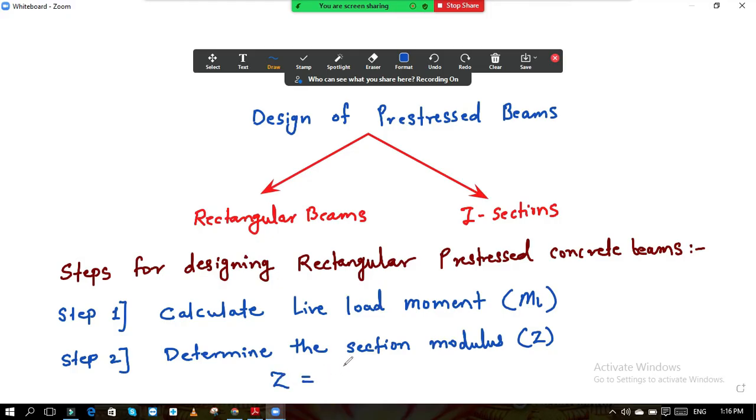You know that M is equal to F into Z. Okay, this is the formula. From where you have got that formula, that is M by I is equal to F upon Y. So from this relation we got the formula M is equal to F into Z. So now Z is equal to M by F. The only thing here is you are going to take the live load moment M, and F is the safe stress in concrete. So I am giving here the notation FC, safe stress in concrete. Okay.